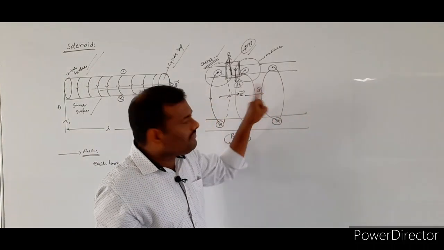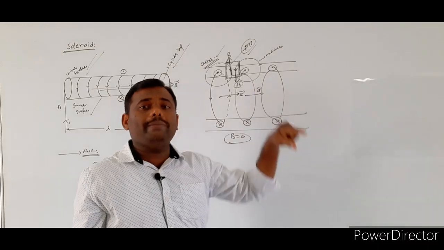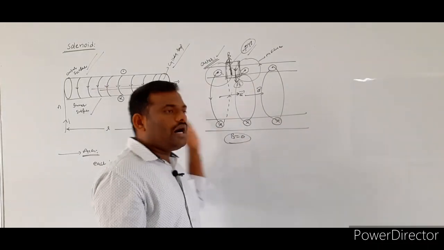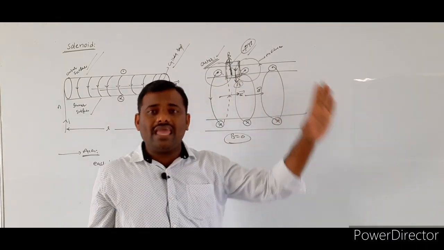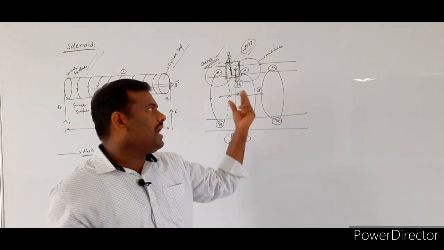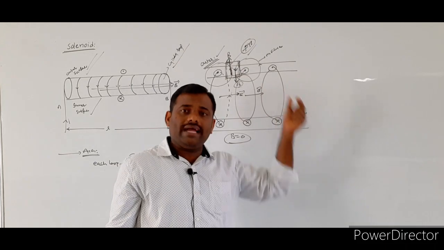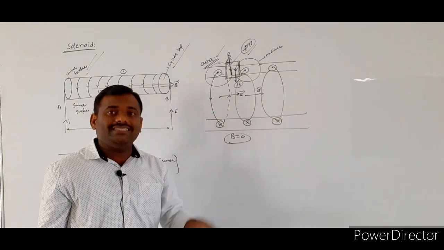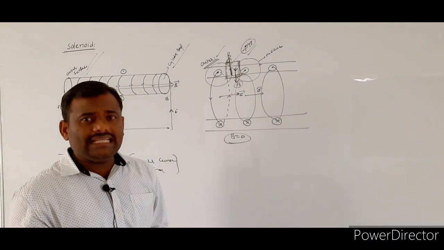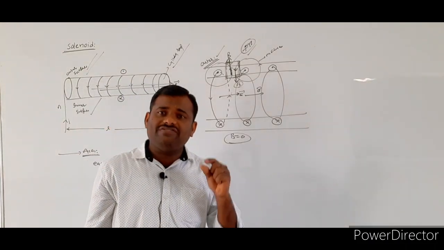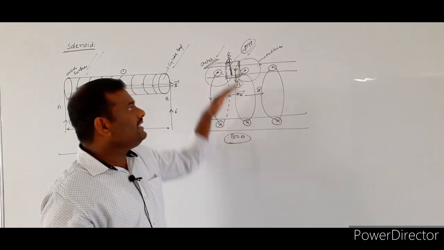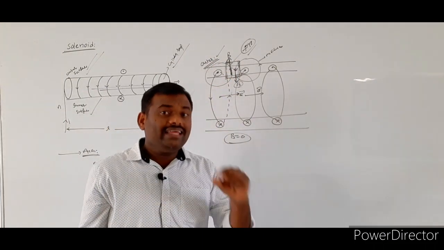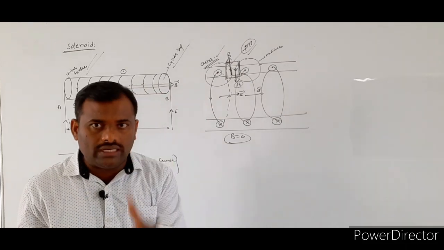Each magnetic field intensity has the same magnitude, and all act along the same direction, so we simply add their magnitudes together. This is the reason why the magnetic field exists inside the solenoid only.